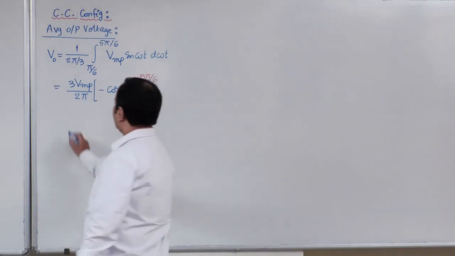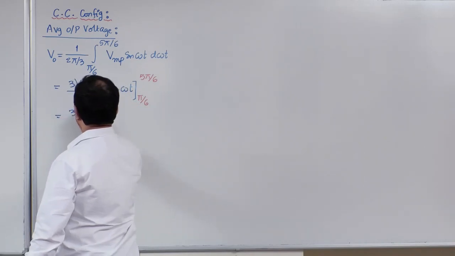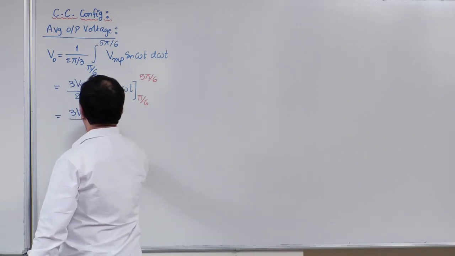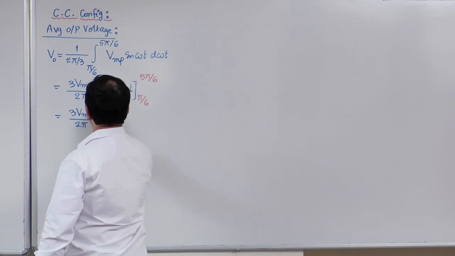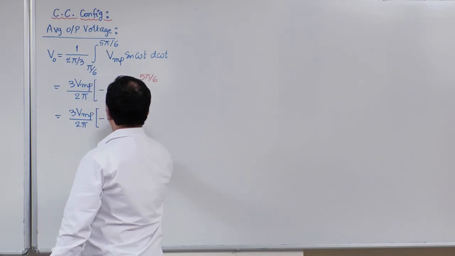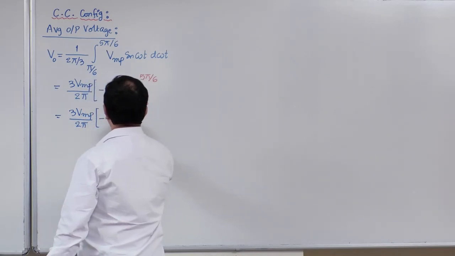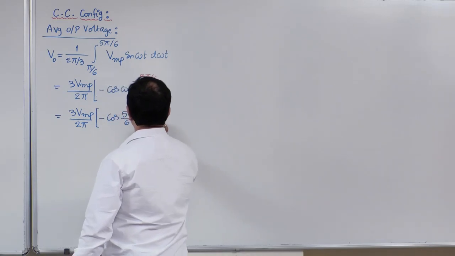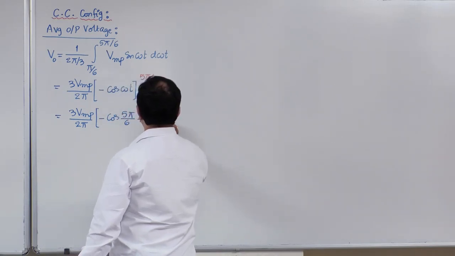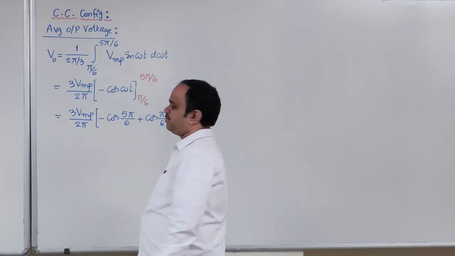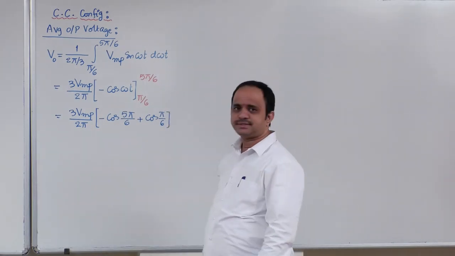Now, let us simplify this. 3 VMP divided by 2 pi, minus cos 5 pi by 6, minus of minus plus cos pi by 6.